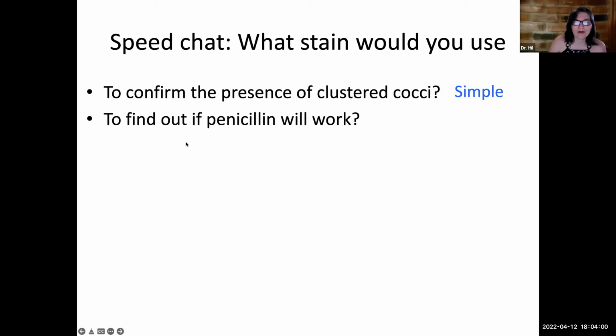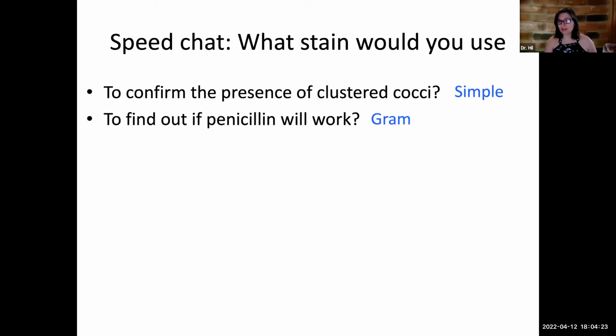What if we want to know if this person has an infection that can be treated with penicillin? Yeah, here is where the gram stain would be really useful. Okay, and if we get a purple cell, what is the answer?